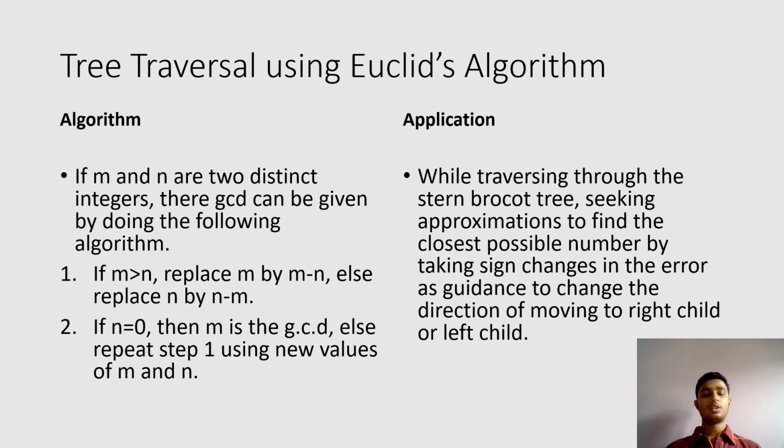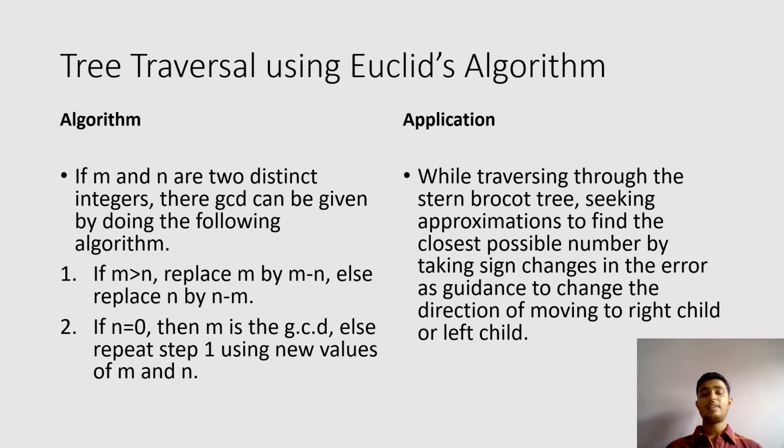If n equals 0, then m is the GCD, else repeat step 1 using the new values of m and n. We shall apply this algorithm and derive a method for traversing through the Stern-Brocot tree and finding the most appropriate approximation for our ratio such that it can be factorized and we can implement it using a gear train.